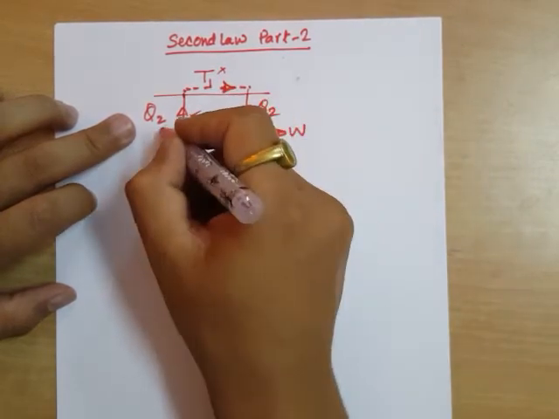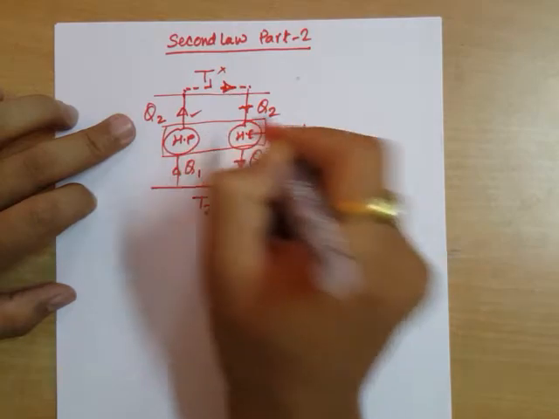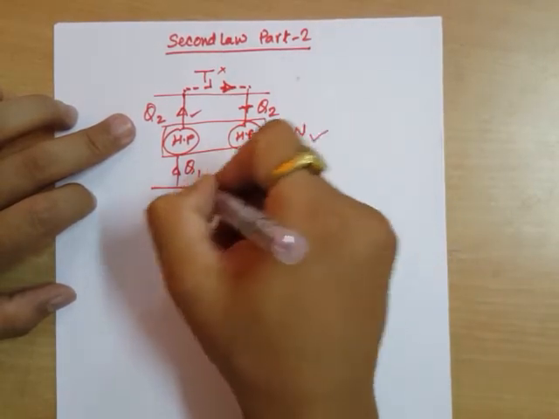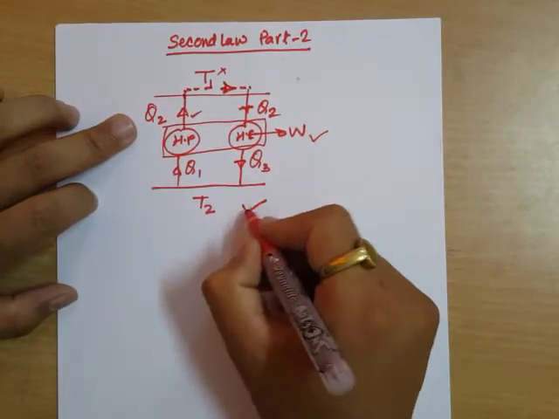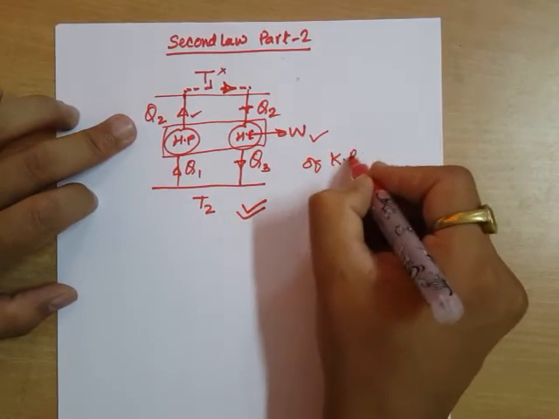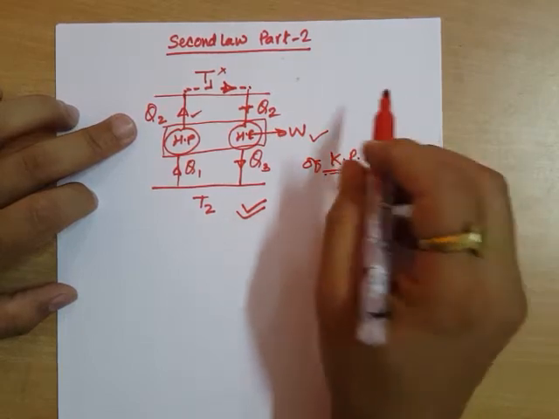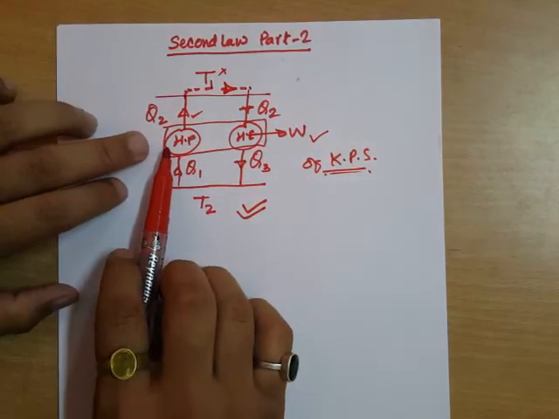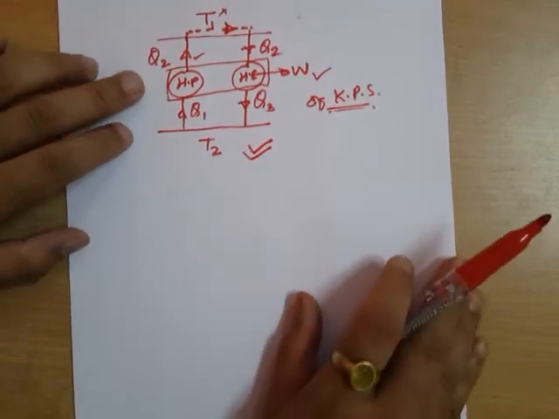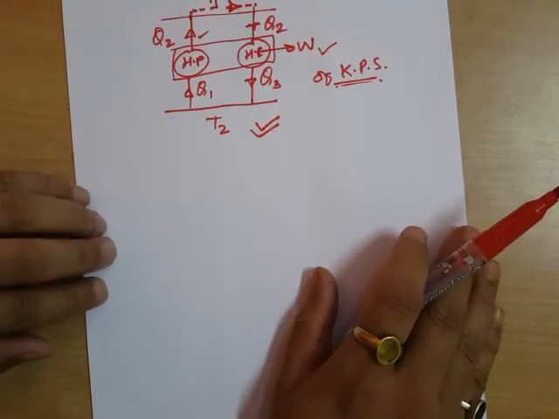So what is happening basically? This whole system is forming an engine which is developing work in a cycle, and it is in contact with a single energy reservoir. That is a violation of the Kelvin Planck statement. So we have just proved that the violation of one, that is the Clausius statement, is a violation of the Kelvin Planck statement. We can also do it the other way around.